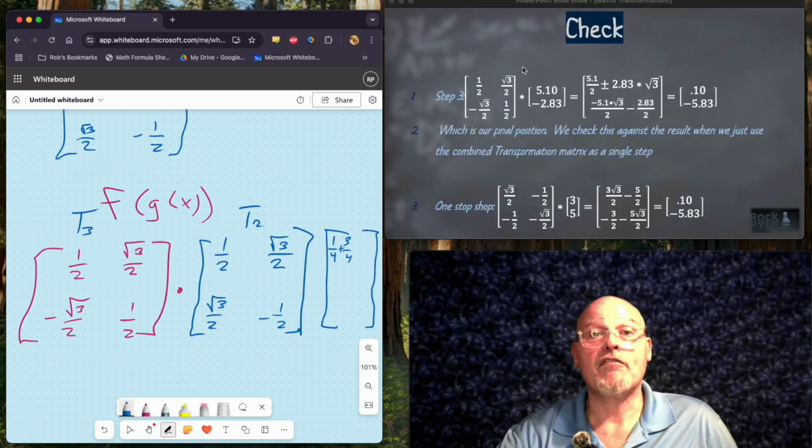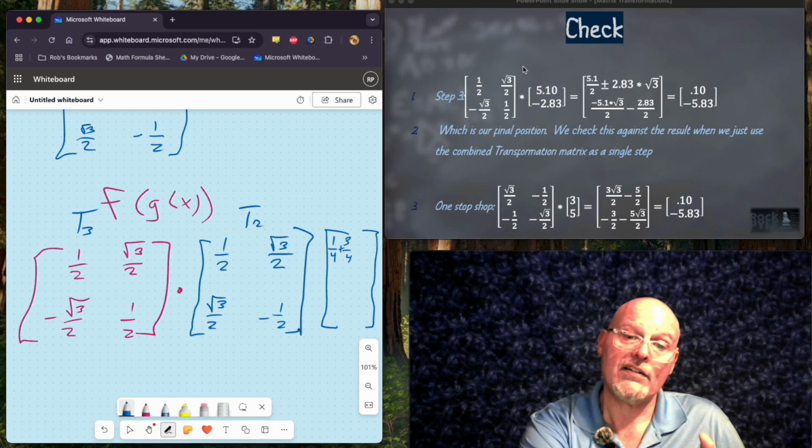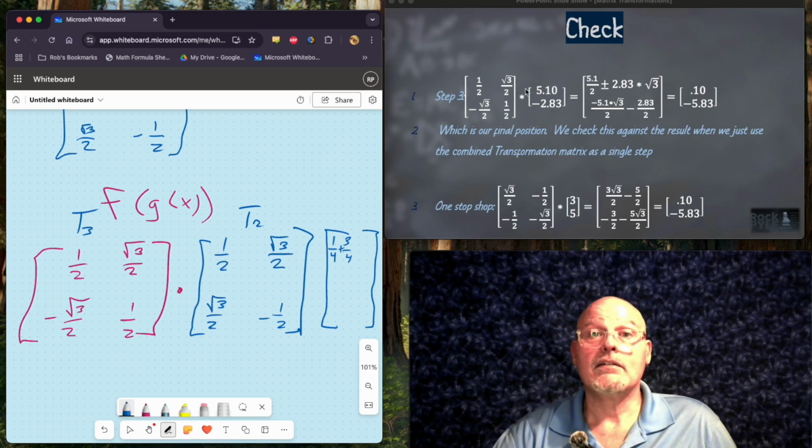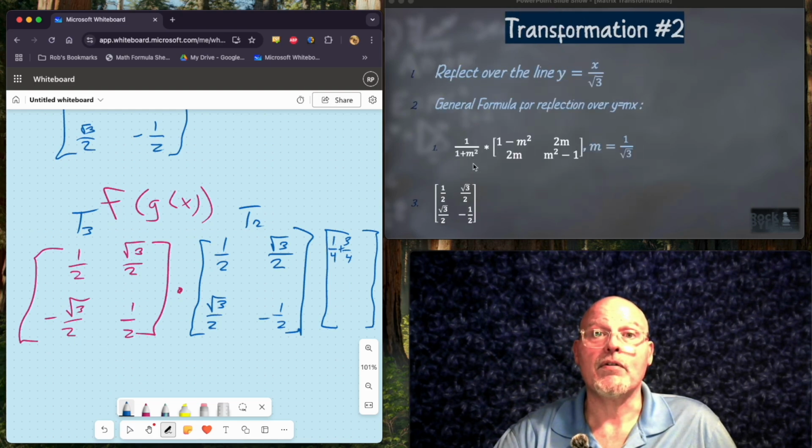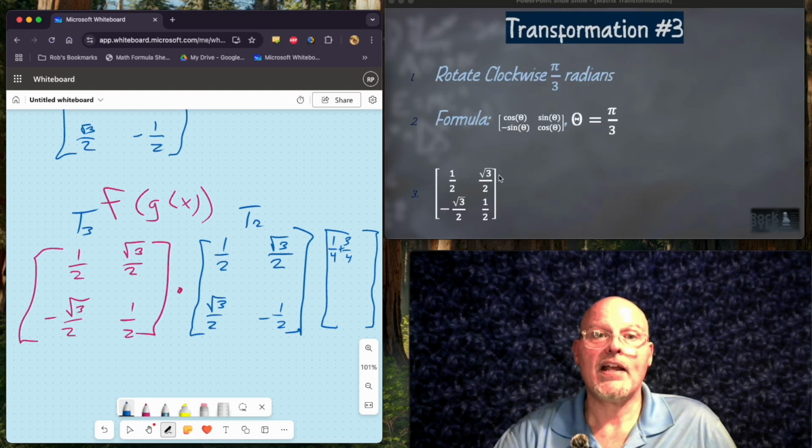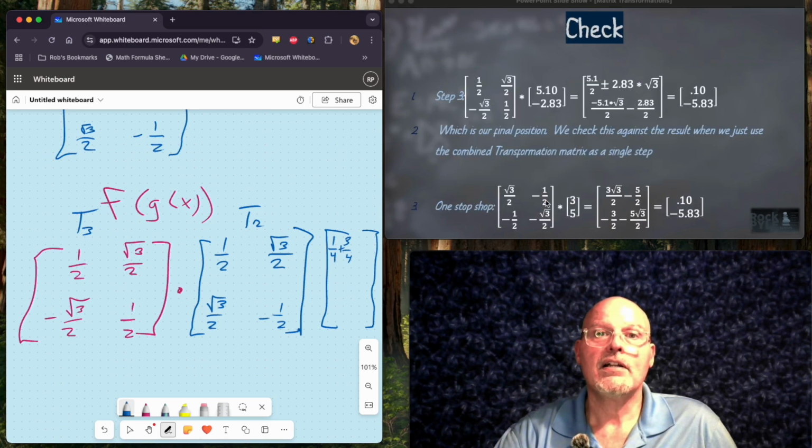Step 3 will be our final one, where we then go clockwise pi over 3. So I take transformation matrix number 3, 1/2, 1/2, root 3 over 2, and negative root 3 over 2.